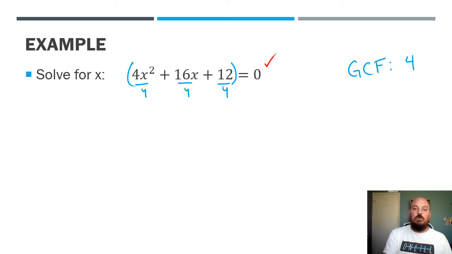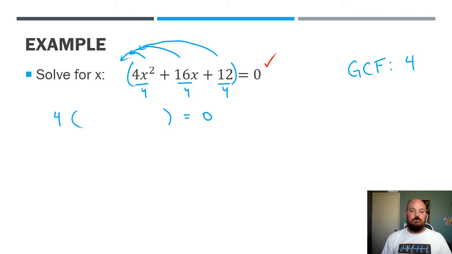And then remember, what you're really doing is distributive property backwards because you're dividing instead of multiplying. You're taking those 4s and bringing them out front. So what I have now, we'll bring that 4 out front. We'll see what's left over in just a second. It's still equal to 0. So let's do each part.